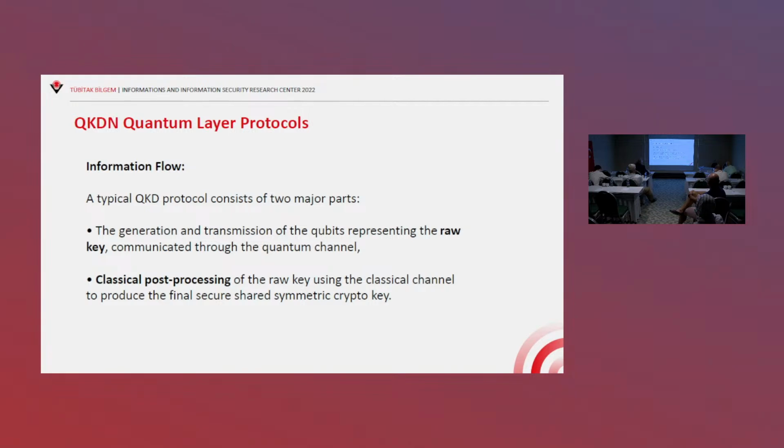These keys would be sifted, in other words, using classical post-processing, and only part of these keys would Alice and Bob use. So it includes a raw key generation and qubit transmission part. And the second part of the protocol always includes classical post-processing, where we ensure Alice and Bob have the actual secure, safe key that they would use in encryption and decryption. That is called the symmetric crypto key.